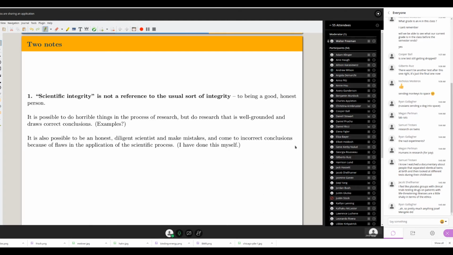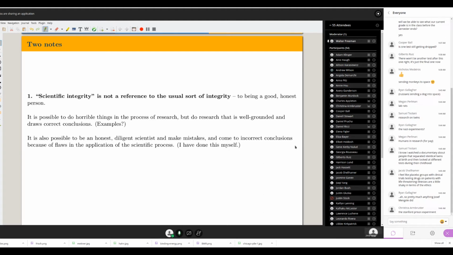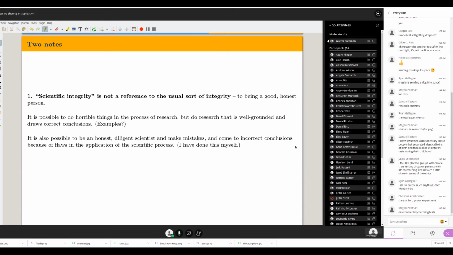But they also did some research on prisoners that, it turns out, drew correct conclusions, even though it often killed people. It's deeply unethical, profoundly harmful, utterly awful, but it didn't necessarily result in drawing wrong conclusions.